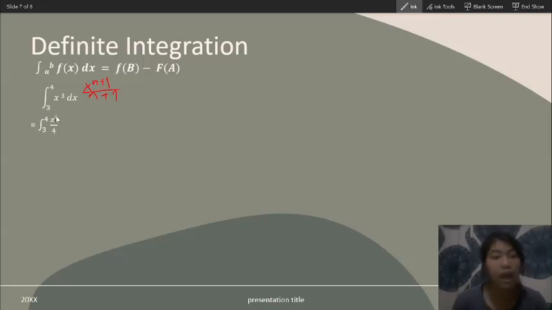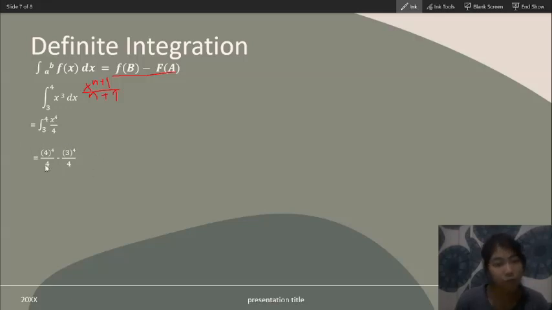So after integrating x cubed, we can now substitute 4 for x and later on 3 for x. If we follow this formula, f(b) minus f(a), we will get 4 raised to 4 over 4 minus 3 raised to 4 over 4.